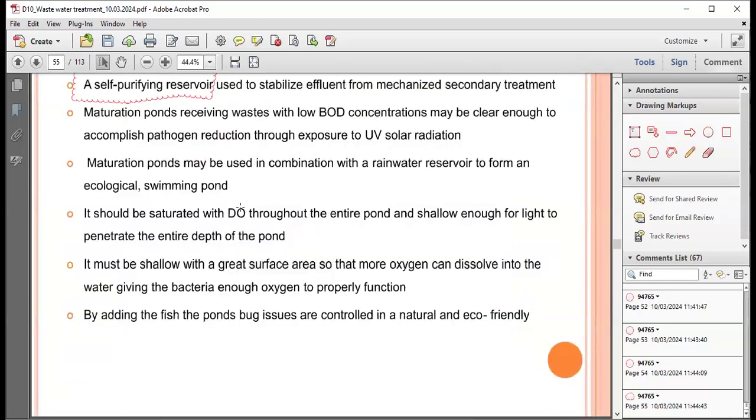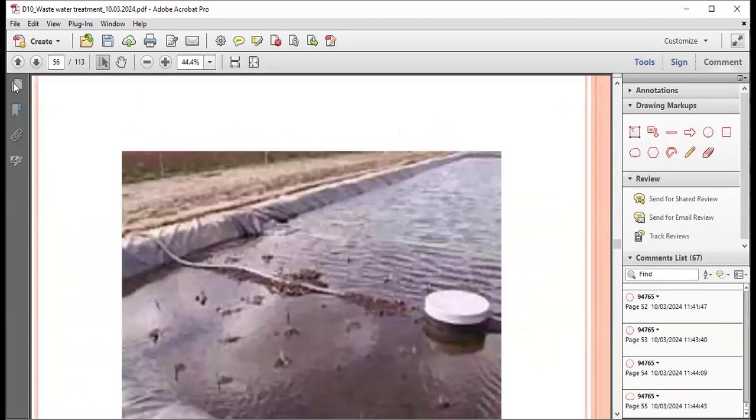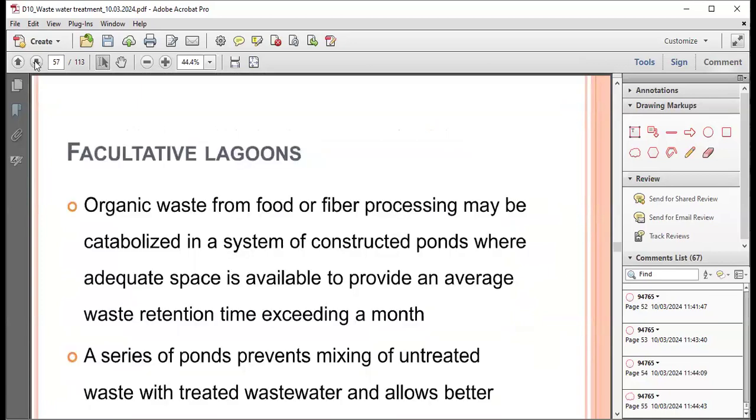This is the pond, next one. Facultative lagoons. What's the meaning of facultative? We'll see this meaning.